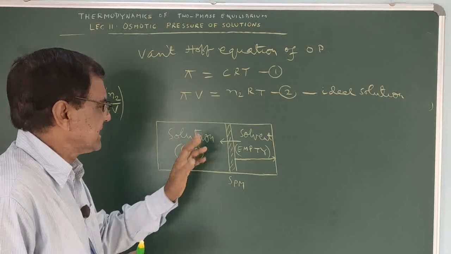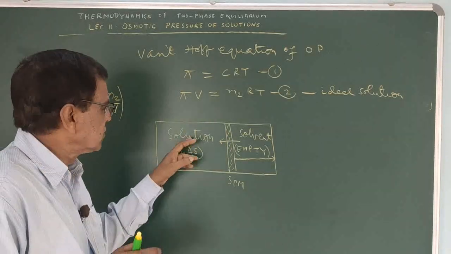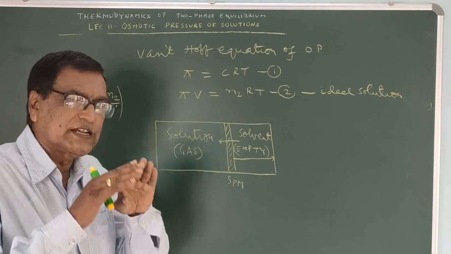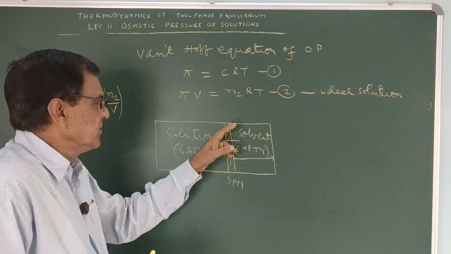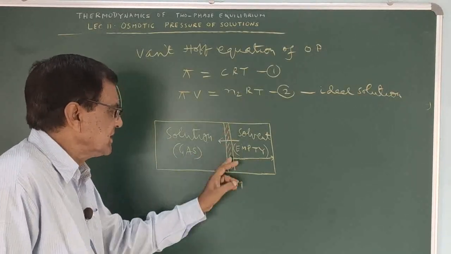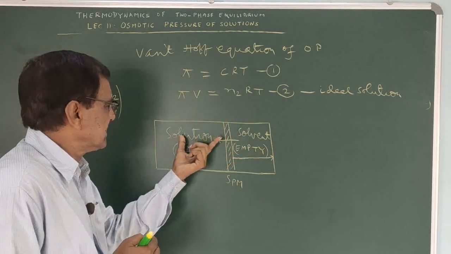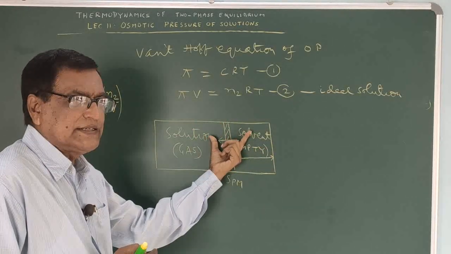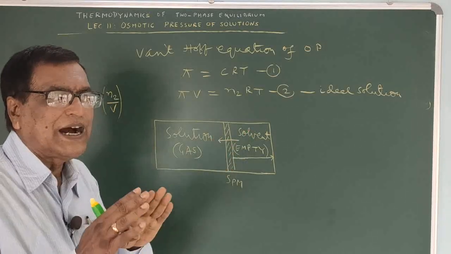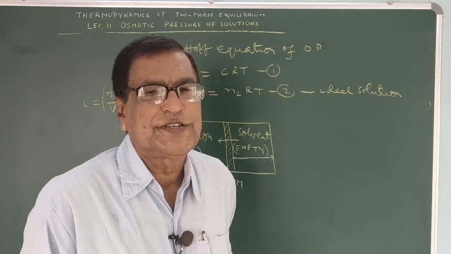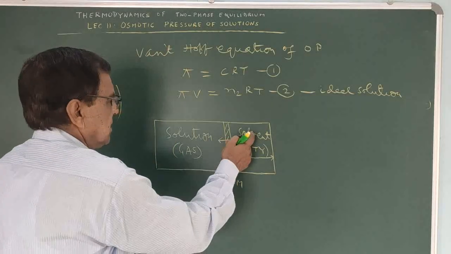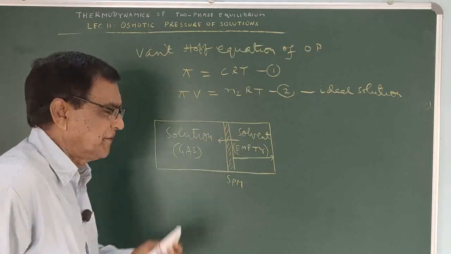But in this case, it is not that the solute of these solutions is striking the semi-permeable membrane wall to push it aside. This process occurs due to the unbalanced chemical potential on both sides of the semi-permeable membrane.